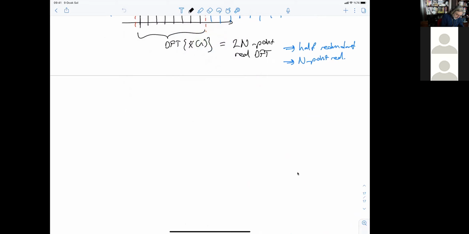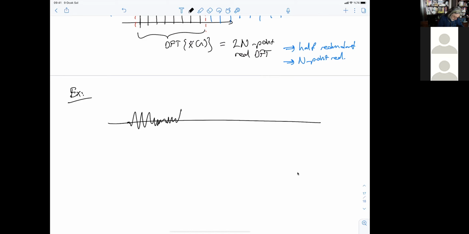let's say this is an example. If you have a speech corresponding to saying merhaba in Turkish or in Arabic, it may look like this.